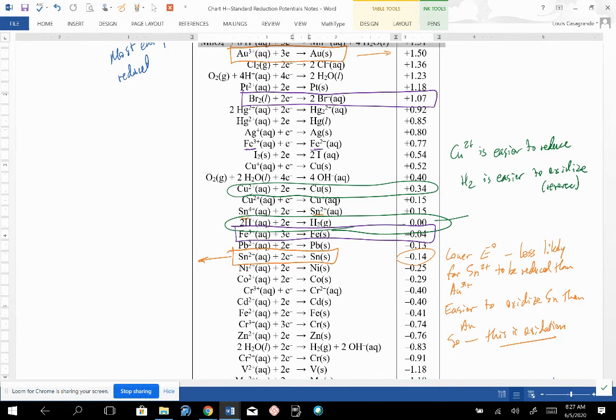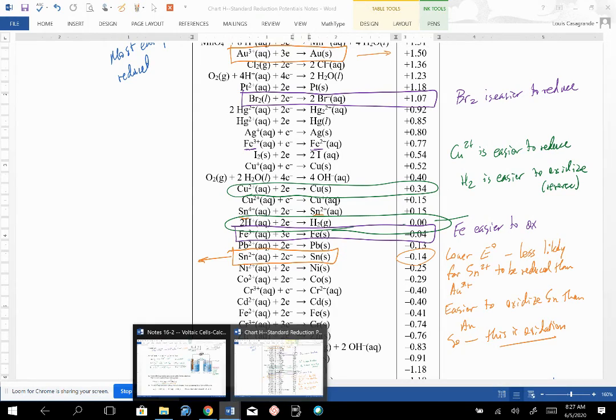And so you can see that the Fe is easier to oxidize, and Br2 is easier to reduce. That would give us an electrochemical potential that's positive because of the way this is set up.